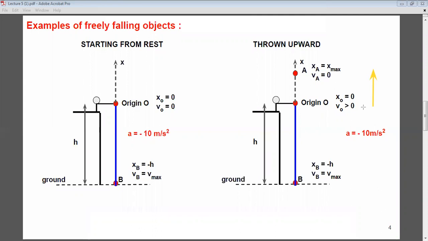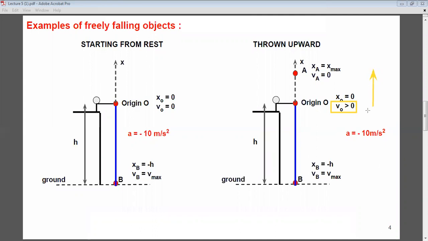You have to give it some speed. You have to give it a velocity. So the velocity now is not 0. It's a number. It's positive because it's in the positive x-axis direction.